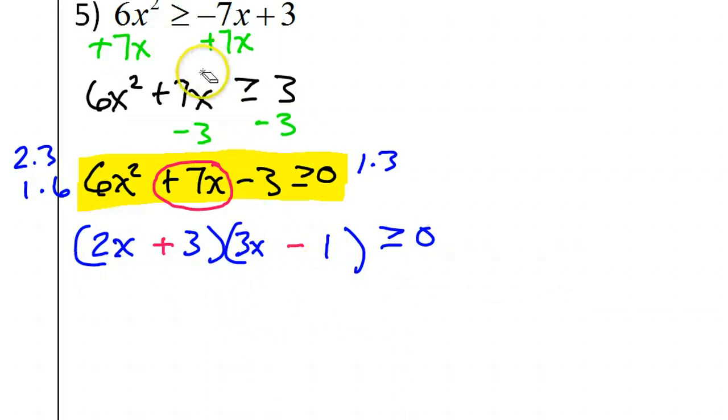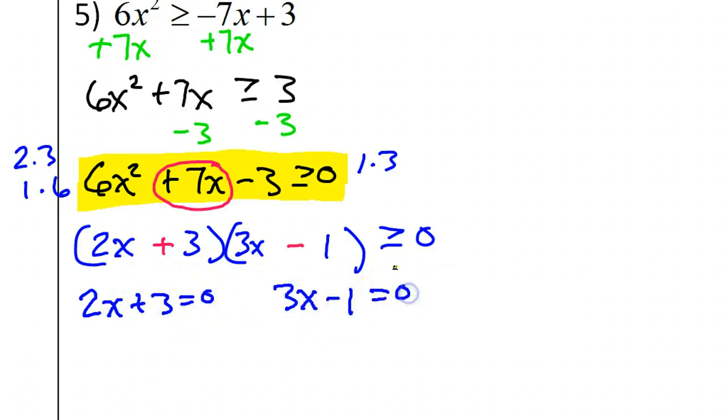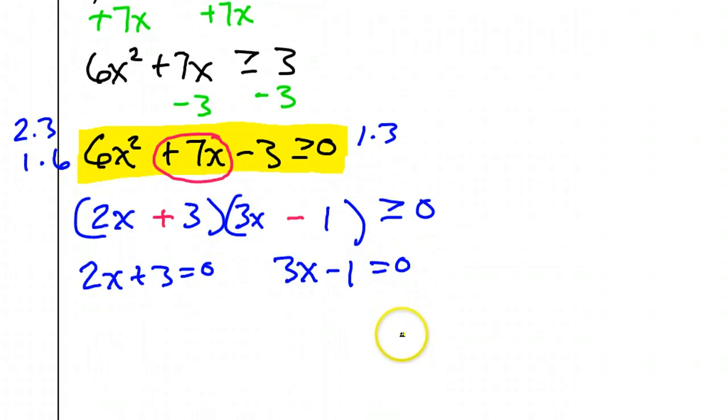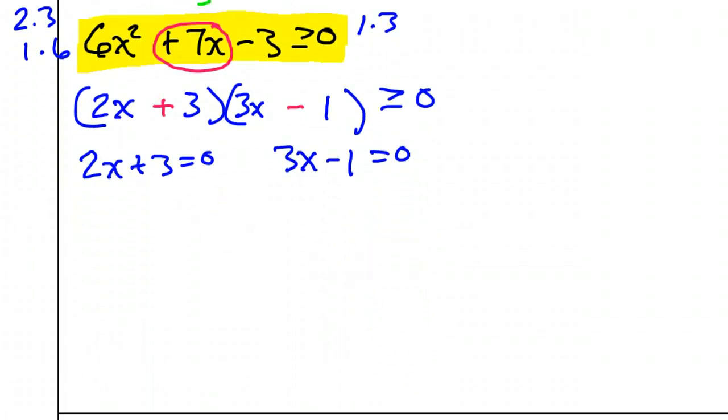Alright, now that we have it factored, we want to find the zeros of the function. So we will do that by setting these factors equal to 0. So if I do 2x plus 3 equals 0 and 3x minus 1 equals 0, this will give me the zeros of the function.